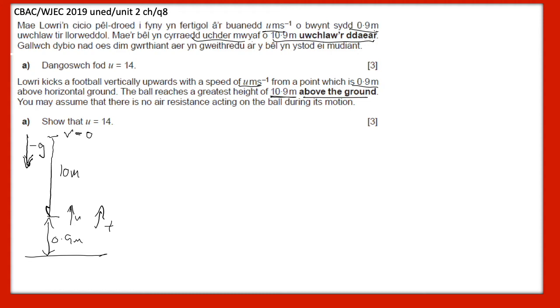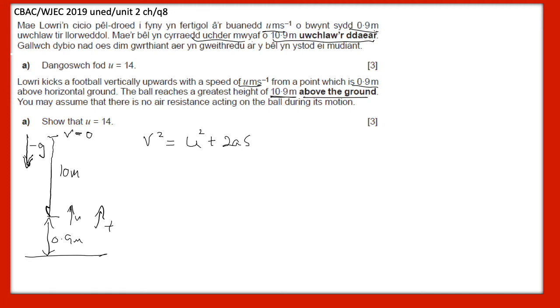So fairly happily, I'm going to use the one that connects final velocity, which I know is 0, u squared plus 2as. Okay, and this is one of the cases where s, distance, being vertical, doesn't fit with physicists' x, because of course for a mathematician that would be y, but we're not going to argue that.